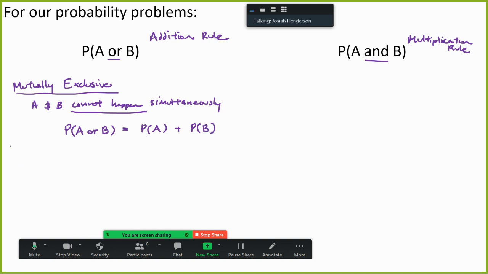But then we also learned about non-mutually exclusive, meaning the case we're looking for can happen at the same time. Non-mutually exclusive: A and B can happen simultaneously.